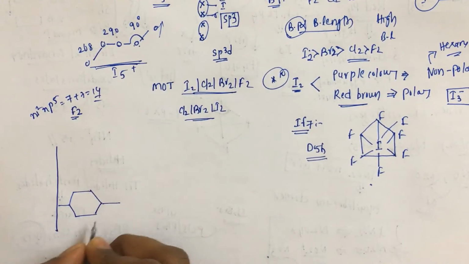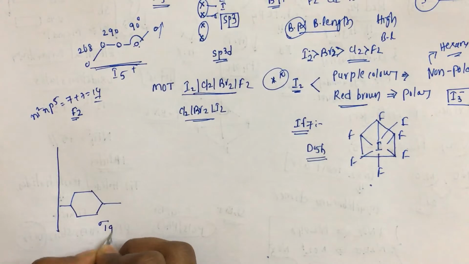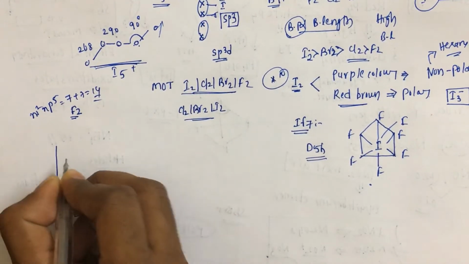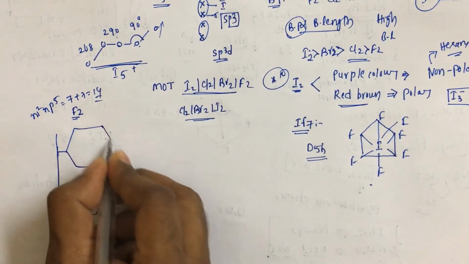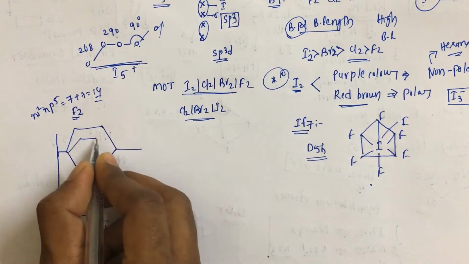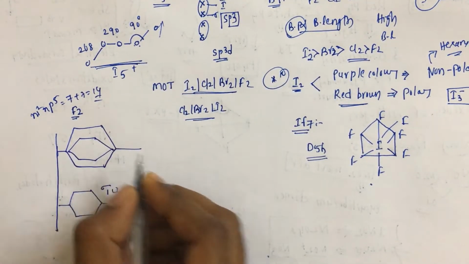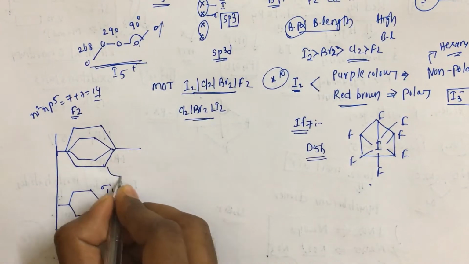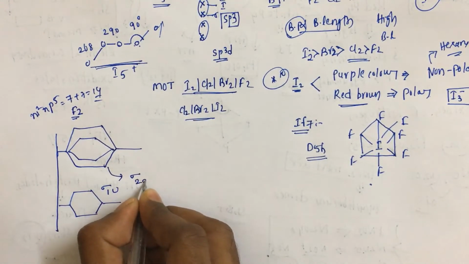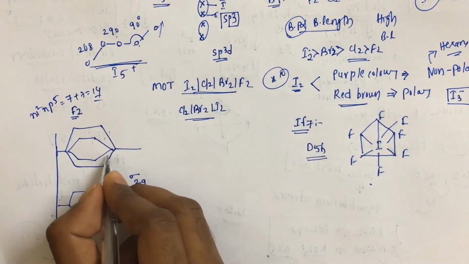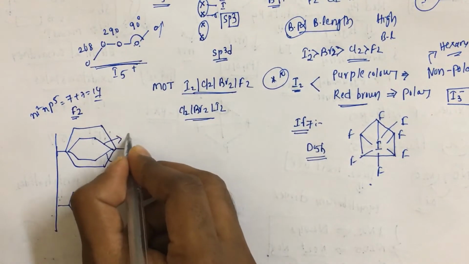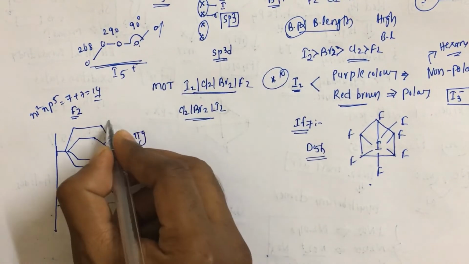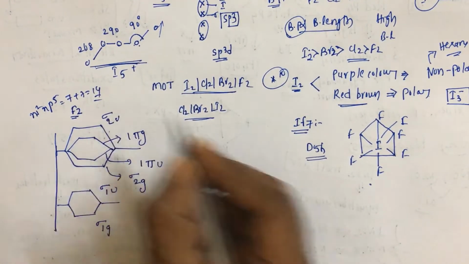Here we have sigma 1g and sigma 1u, and then sigma 2g, and this is 1 pi u, this is 1 pi g, and this is 2 sigma u.